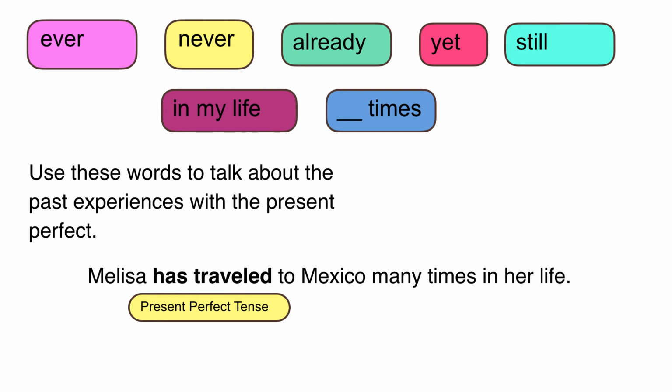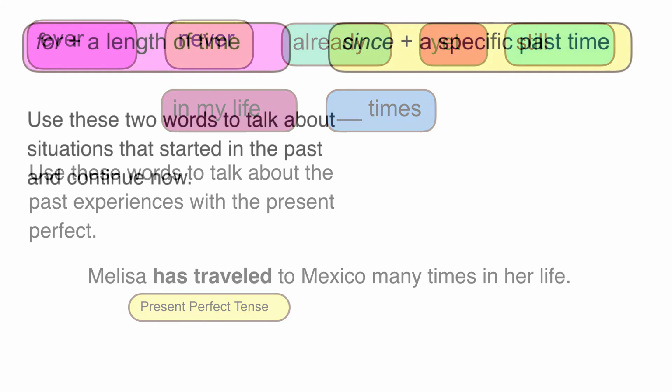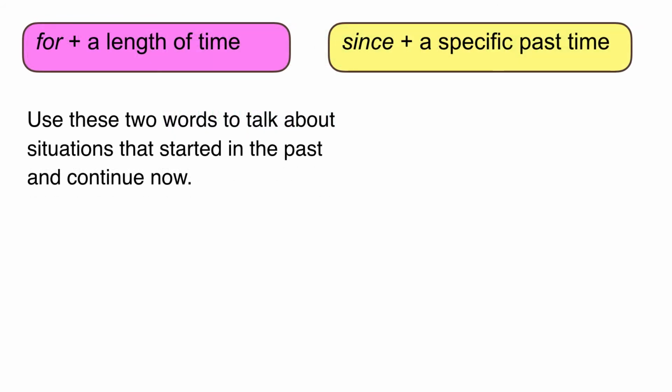Sometimes we want to talk about something that started in the past and continues now. When we do that, we can use for with a length of time, for 3 years, for 5 months, for an hour, and since with a specific past time.